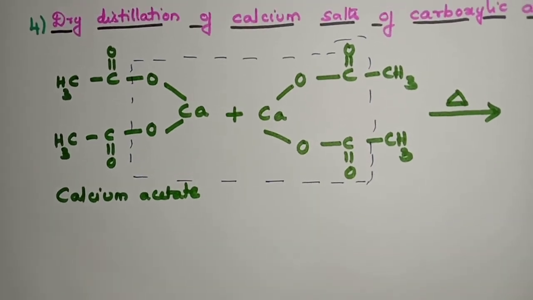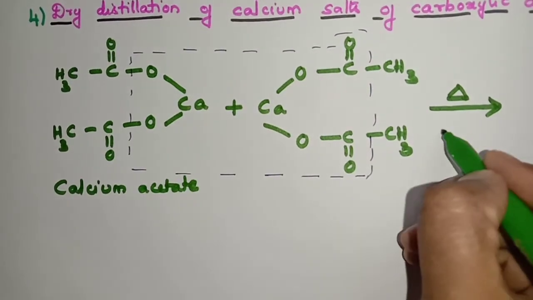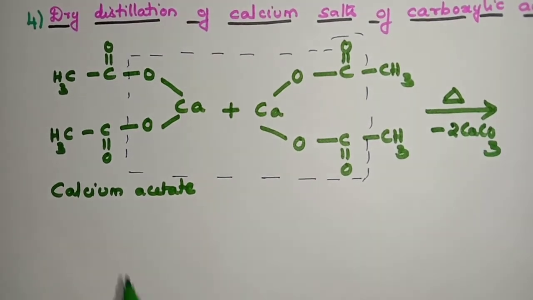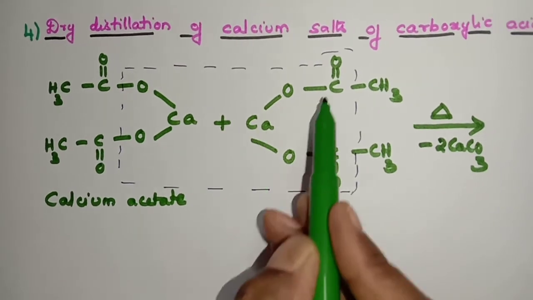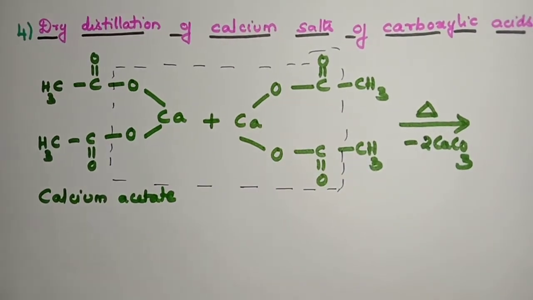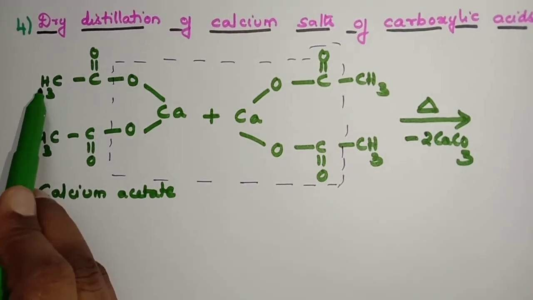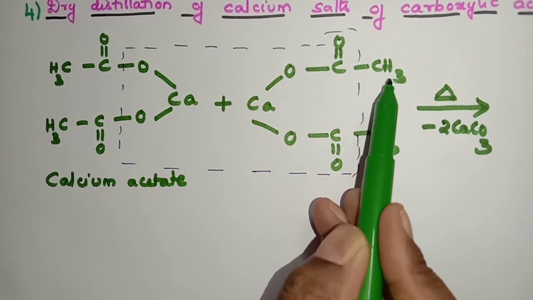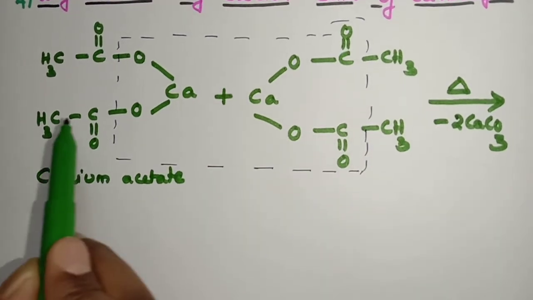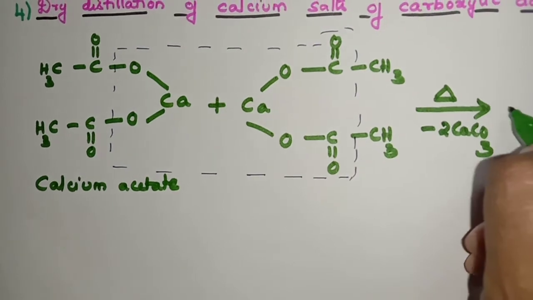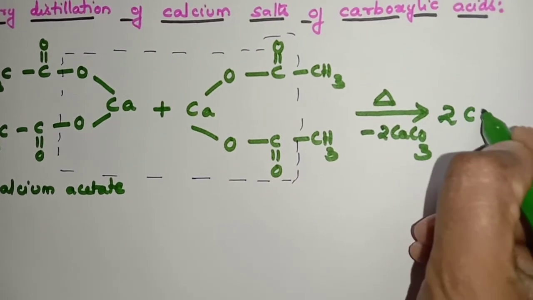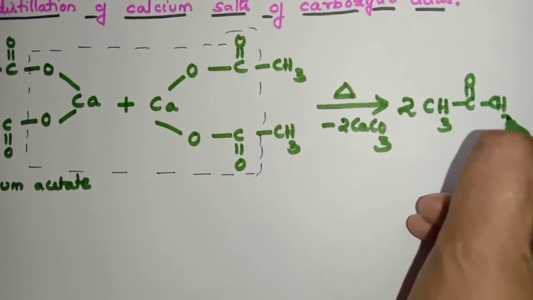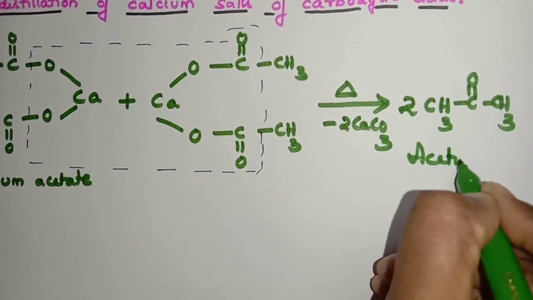So what are the molecules that come out? 2 molecules of calcium carbonate, 2 CaCO3. What remains? CH3, C double bond O, CH3, 1 molecule of acetone, and another CH3, C double bond O, CH3. So forming 2 molecules of acetone, 2 CH3COCH3.